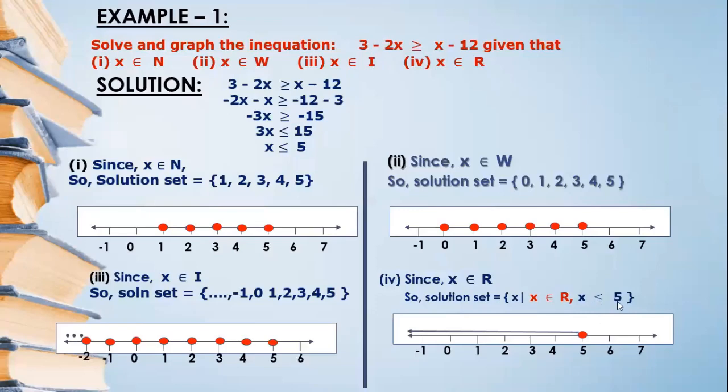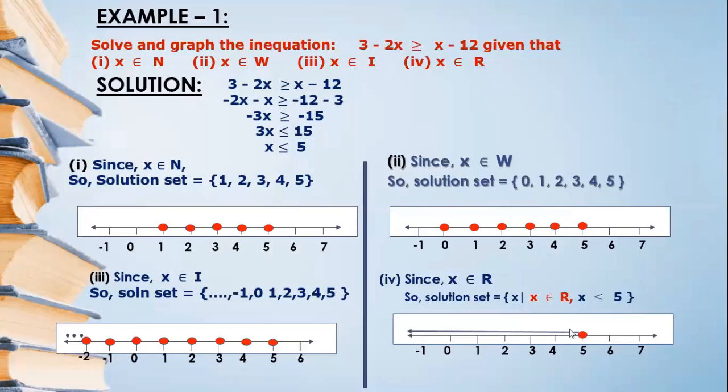So now when we draw its number line, again we need 5 there, 5 is included, and all the numbers which are less than 5 are also included. So here we are not going to make dark circles on the different points or different number positions. Why? Because the numbers in between these two consecutive numbers are also included in the set of real numbers.